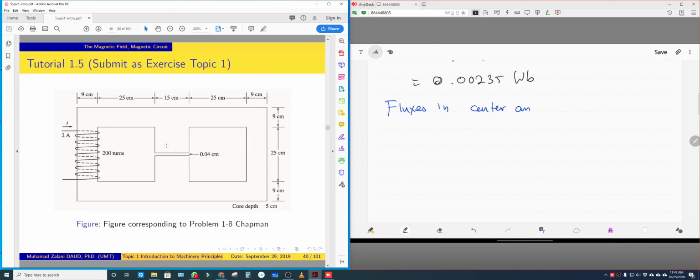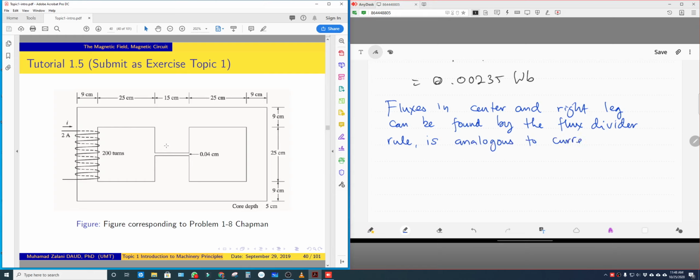Remember the voltage divider? In electric circuits there is the current divider rule, to which this is analogous.